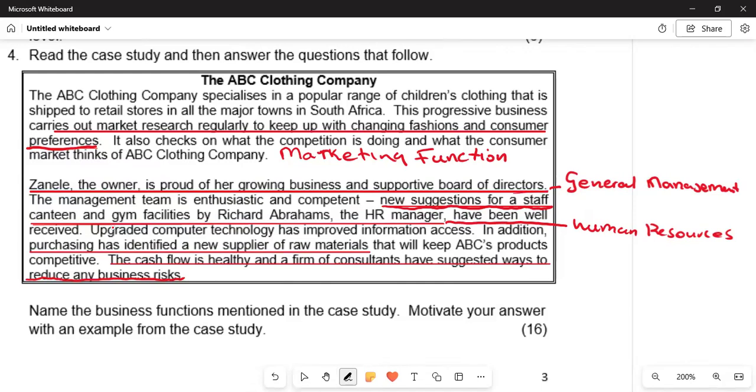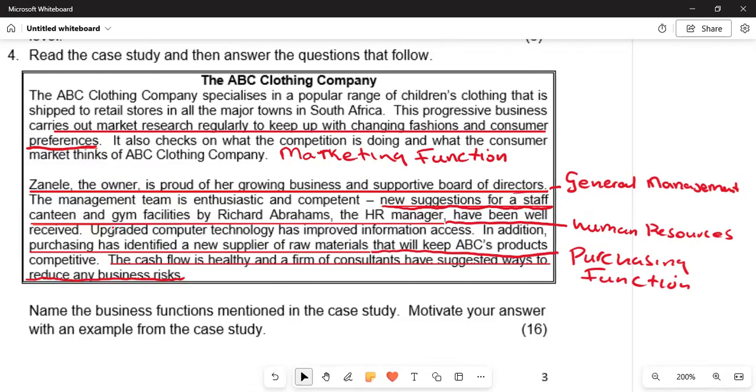Where it says upgraded computer technology has improved information access. In addition, purchasing has identified a new supplier of raw material. So that one, the answer there is going to be what? Purchasing function. That is that.